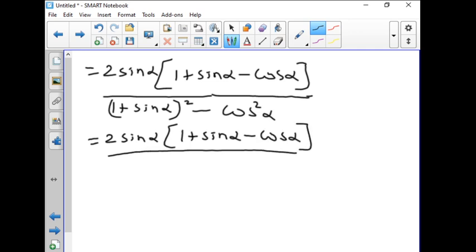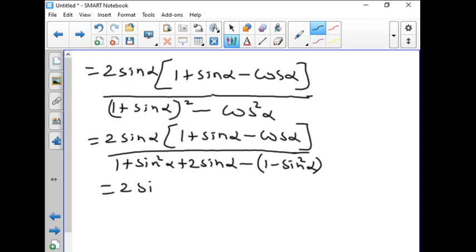So it is now 2 sin alpha into 1 plus sin alpha minus cos alpha. Denominator, expand it, a plus b the whole square identity, use it and expand: 1 square plus sin square alpha plus 2 sin alpha. And this cos square alpha we can write as 1 minus sin square alpha using the identity cos square theta plus sin square theta is equal to 1.